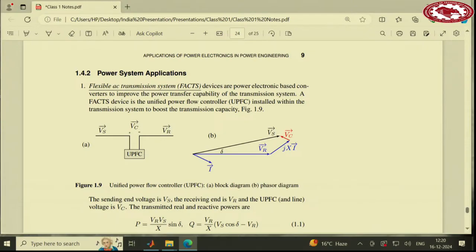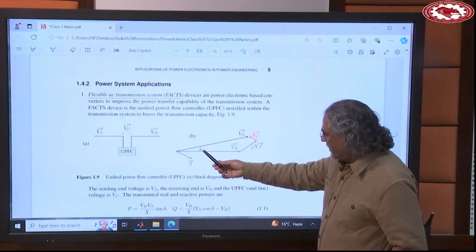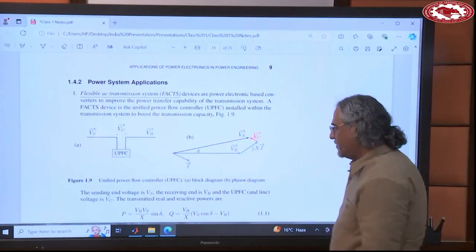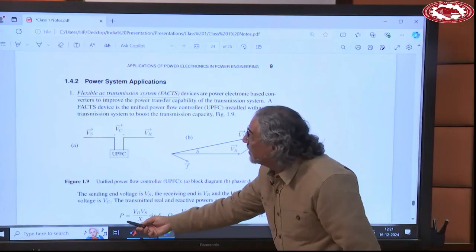The way it works, if you look at the voltages here, let's say VR for receiving and VS for sending, VR and VS are sinusoidal. This is the phasor diagram, and the angle between them is delta. This is the power angle that determines how much power is transferred. The real power is this one here.